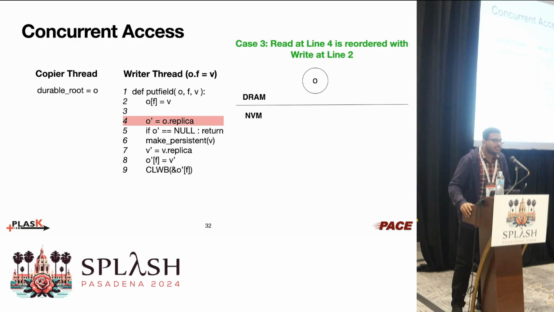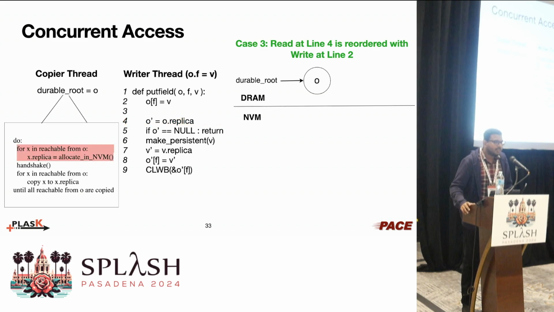So let's look at the same example, case 3, where the writer wait approach without the mfence was creating inconsistent copies on the NVM. So again, instruction number 4 is executed first because of the reordering in the x86 weak memory consistency model. We read the o.replica and find it is null because we don't have a replica yet.